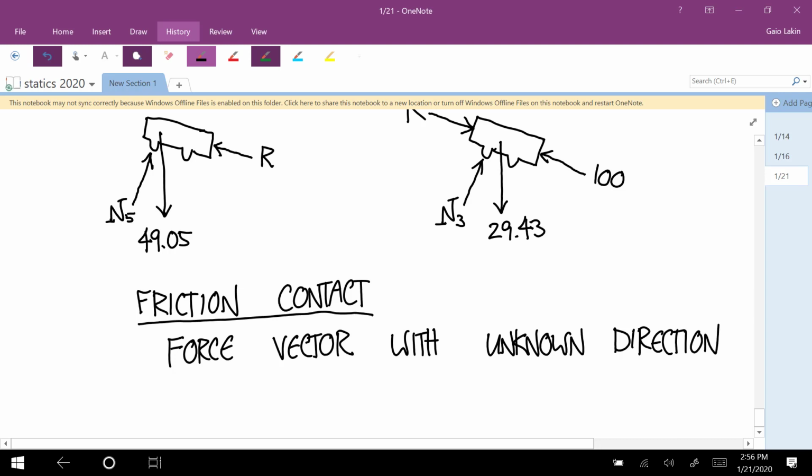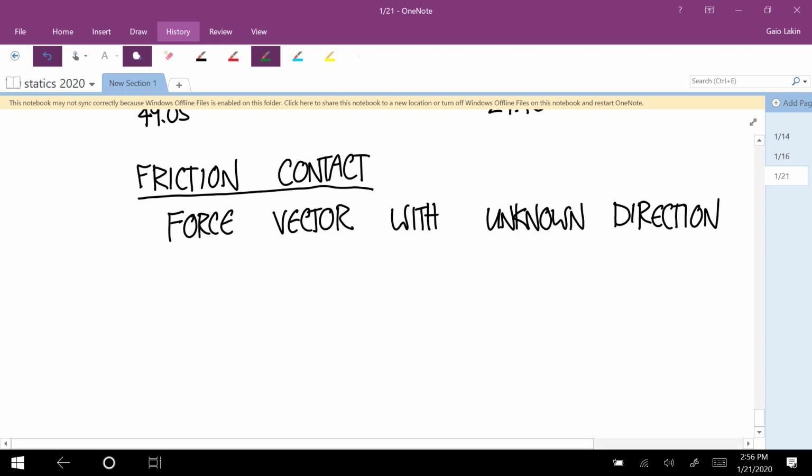Okay, so this is the case where you're going to represent it by 3 components of a vector, and your variable is going to be a vector. So let me show an example of this.